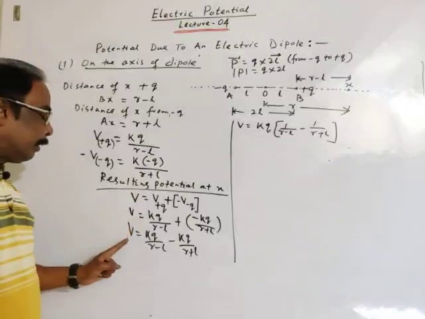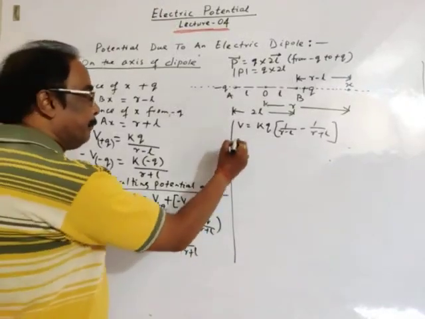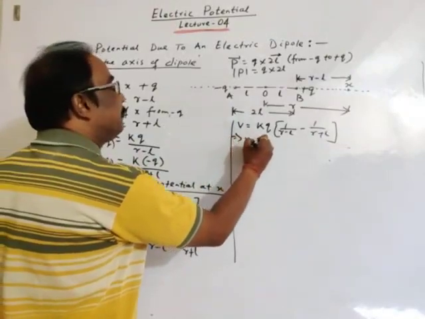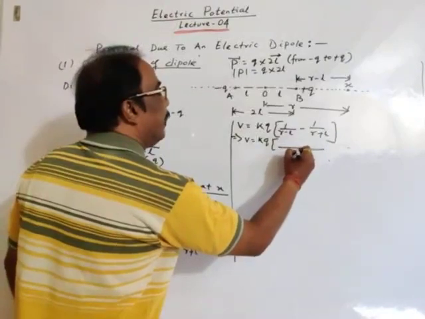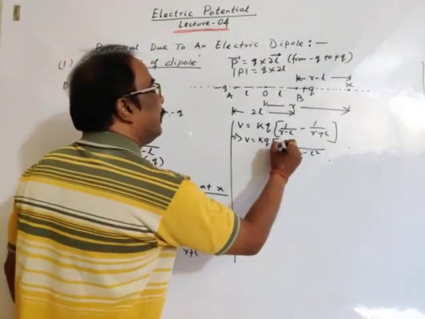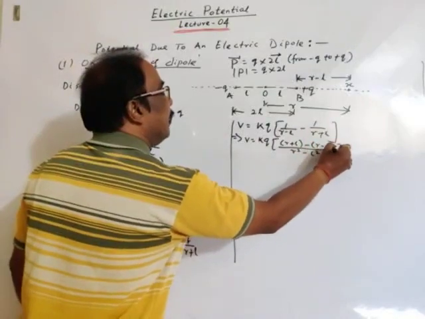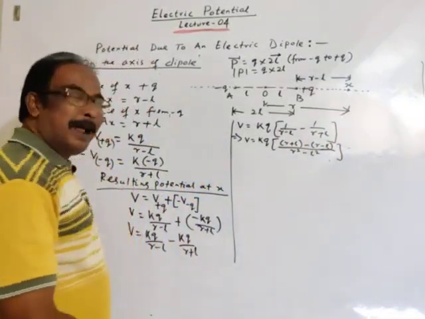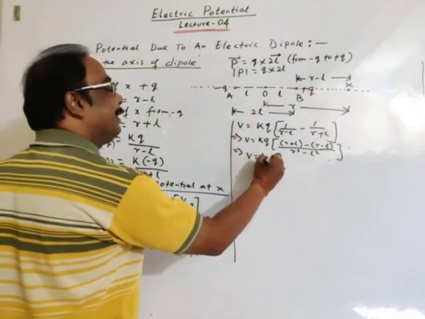Then V is equal to kq, LCM r square minus l square, and this is r plus l minus r minus l. Just add it.